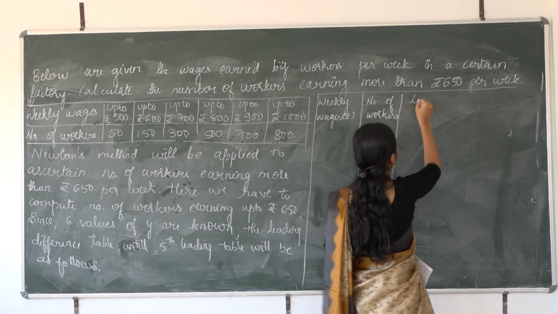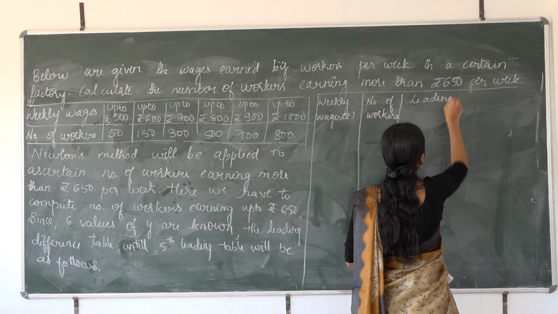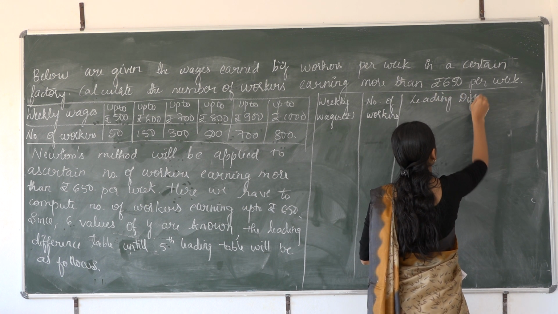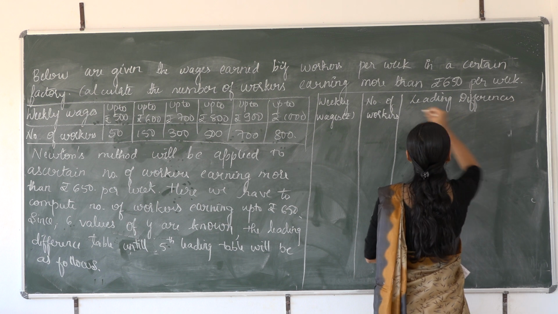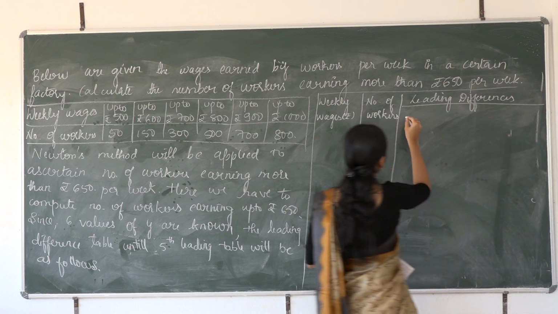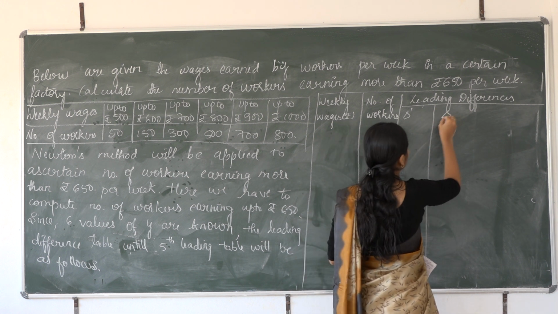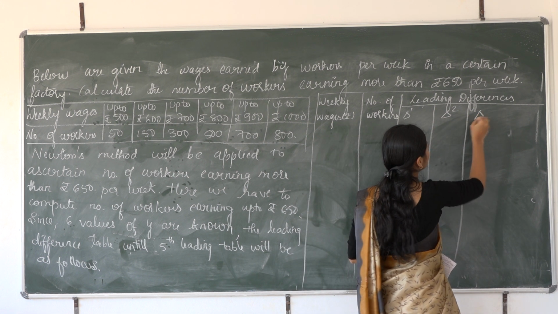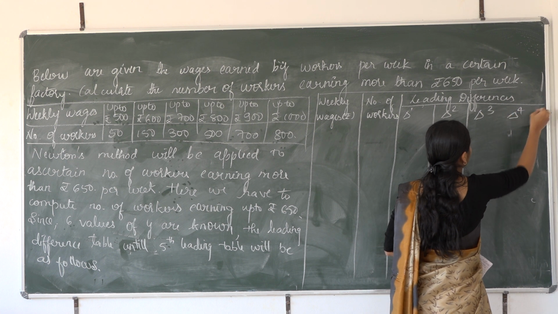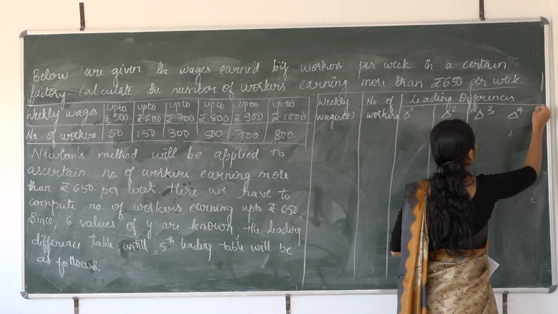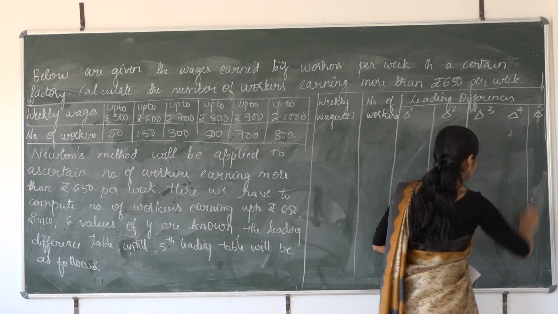Next it will be leading differences. In leading difference up to fifth leading difference. First order, second order, third, fourth and fifth. Up to fifth leading difference we are going to calculate.